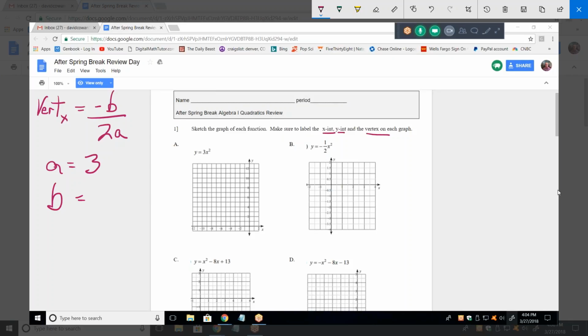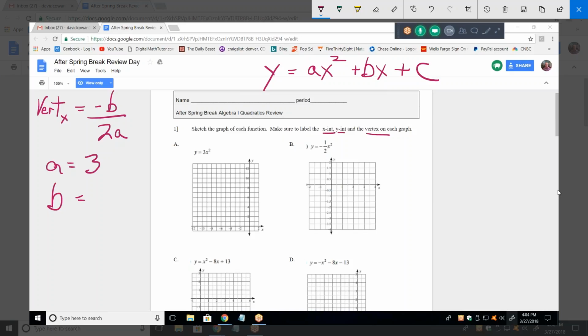Here, let's talk about the standard format for a quadratic. There's your a, coefficient of the x squared term. B is the coefficient of the x term. C is the constant.